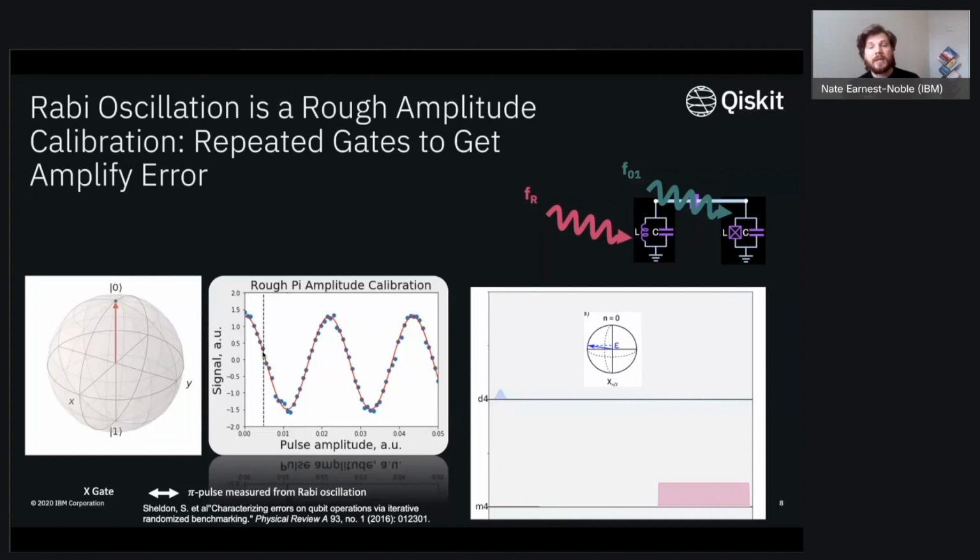That amount epsilon is going to be so small that maybe we can't resolve it using just a Rabi oscillation. So what we can do is iterative amplification. We take the pulse and apply it 3 times, and when we do so, we get an error of 3 epsilon. If we did it 2 more times, we'd have 5 epsilon.